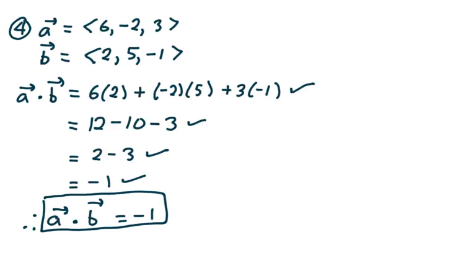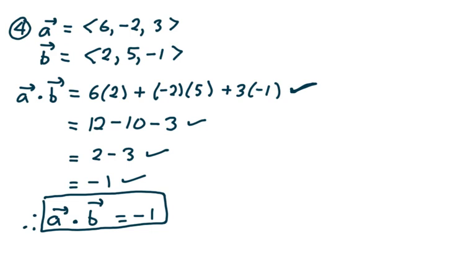Let's take a look at 4. Suppose A is the vector 6, -2, 3, and B is the vector 2, 5, -1. The dot product of A and B is equal to 6 times 2 plus -2 times 5 plus 3 times -1. So that's right here.